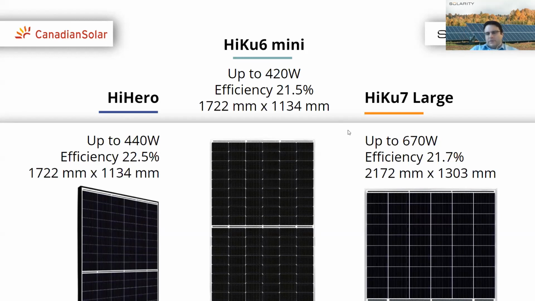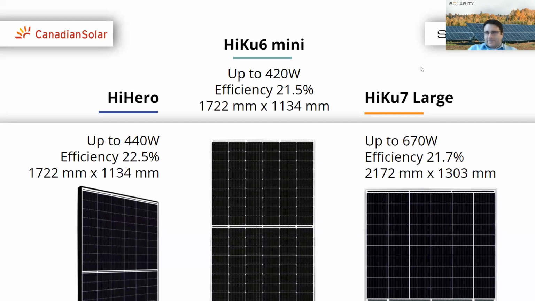From my point of view, what's interesting about Canadian for larger projects, even for rooftop commercial, we have so-called Hiku 7, and it's up to 670 watt. Quite interesting. And of course, for the smaller part, we have quite a unique offer for warranty.